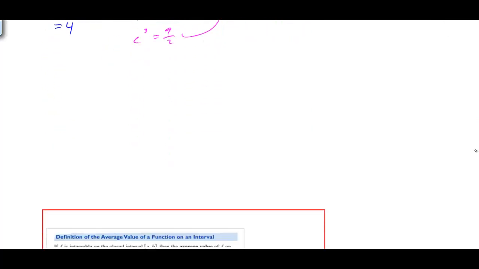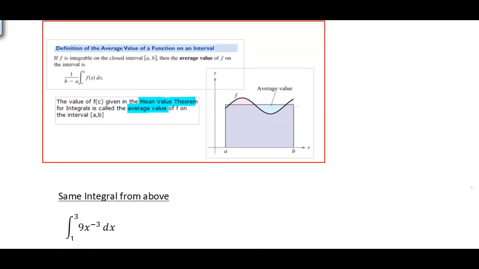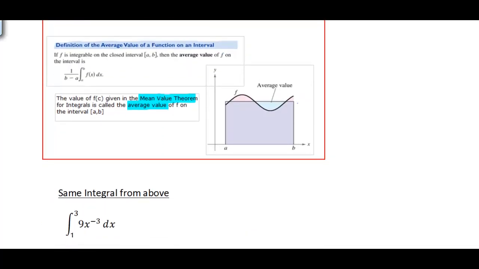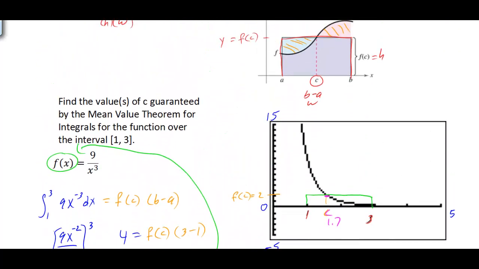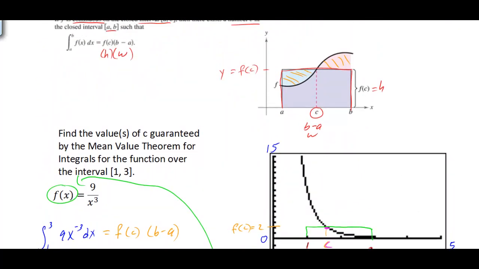Now that leads into the definition of the following problem, which says the average value of our function. Before I get into this, up above, when we found this f of c, this f of c is actually the average value of our function, which is really just the height of this rectangle.